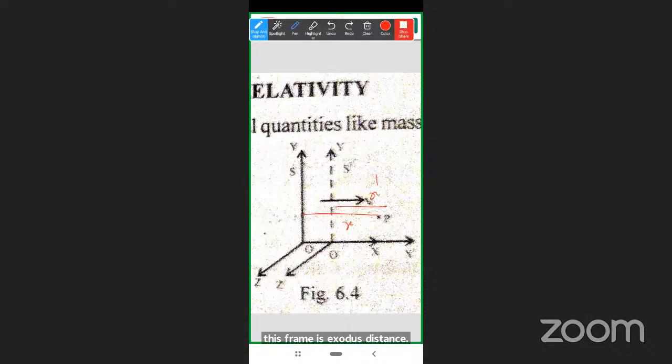So the frame moves a distance vt after t seconds with respect to the S frame. The relation between these two frames can be written as x dash is equal to x minus vt.